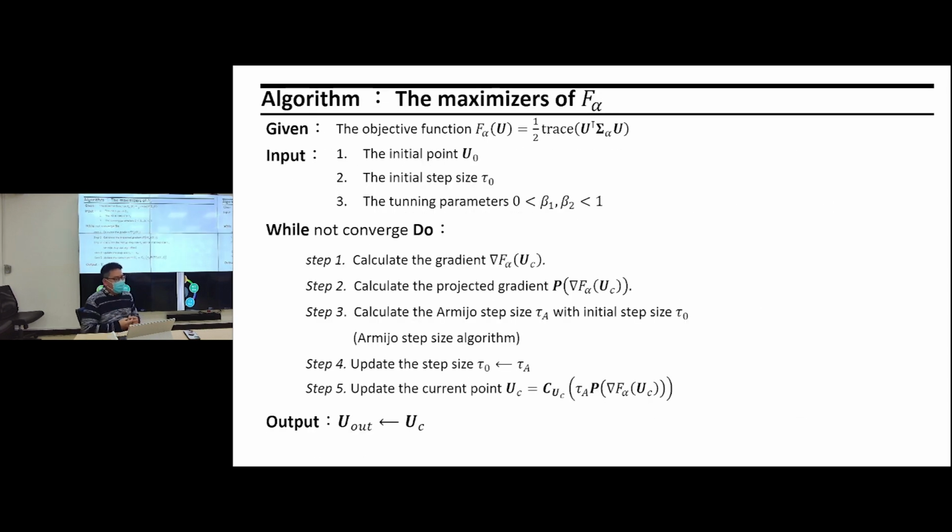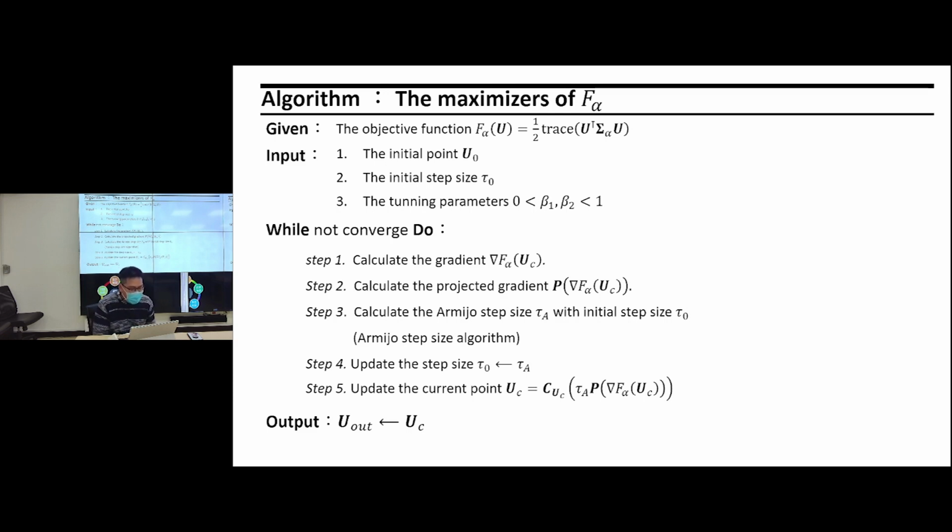And this is our main algorithm. Suppose we are given the objective function f alpha, and the input is u0, the initial step size tau 0, and the tuning parameters beta 1 and beta 2. Then we perform these 5 steps. First, calculate the gradient; second, calculate the projected gradient; and then calculate the Armijo-Hall step size by the algorithm above.